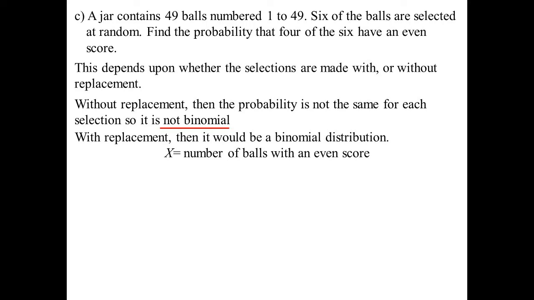X, our random variable, will be the number of balls with an even score. There's just one thing we're interested in. We know how many times we're doing it, so everything's fine. So it would be binomially distributed. We're doing it 6 times, and the probability of success, the probability of getting an even score, or 24 out of the 49 numbers would be even.